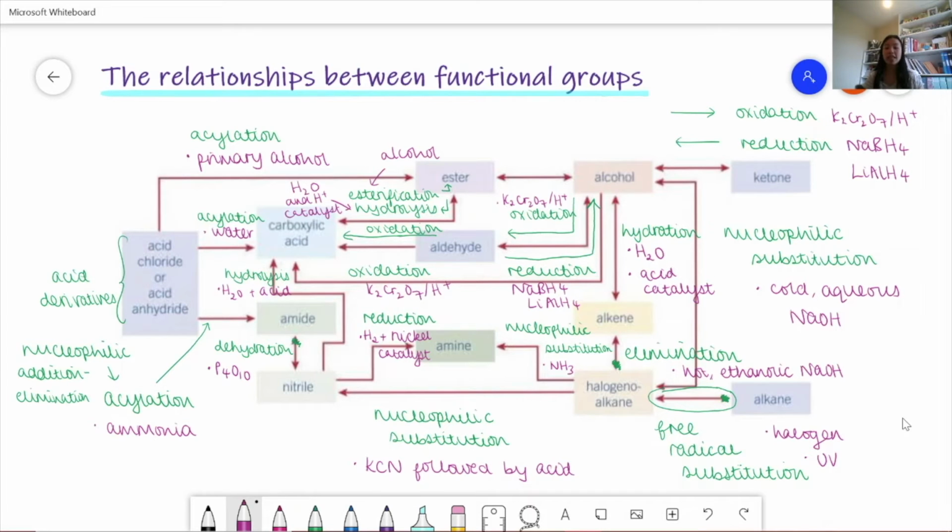And then to get from an ester to an alcohol, again, this is an esterification reaction. If we go from right to left and from left to right, this is a hydrolysis reaction. And so again, with the esterification, this time we need an acid, so we need a carboxylic acid or an acid derivative. And then for hydrolysis, we need water and H+ catalyst.